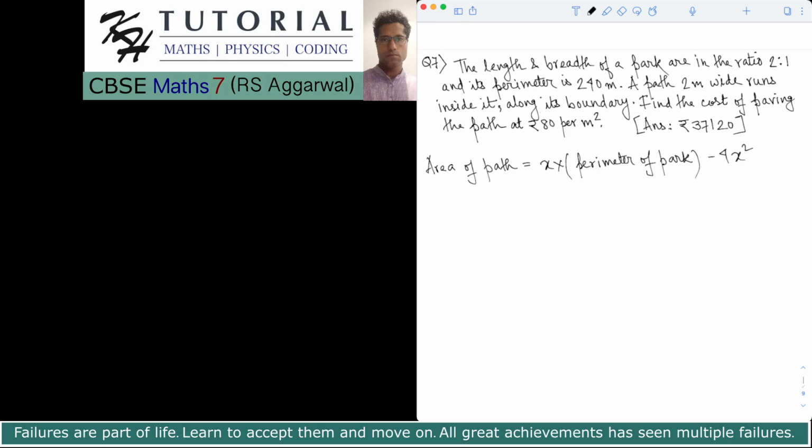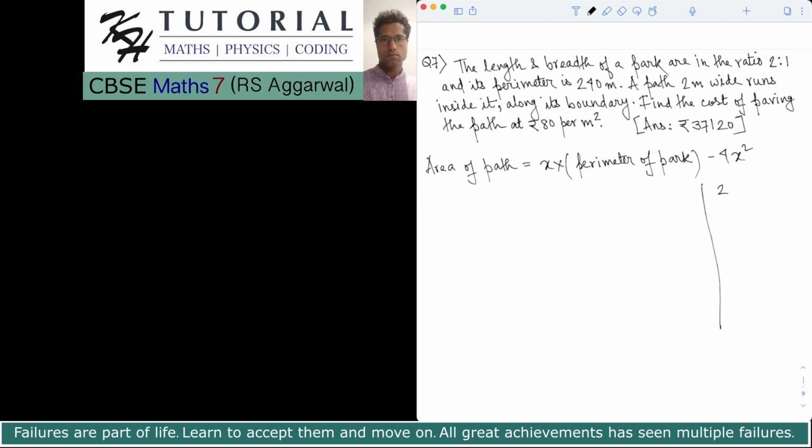Since the textbook does not discuss this formula, the problem has given the perimeter and the ratio of length and breadth, so that you can calculate the value of length and breadth, from the concept of ratio and proportion.